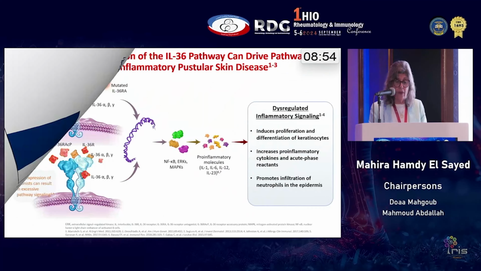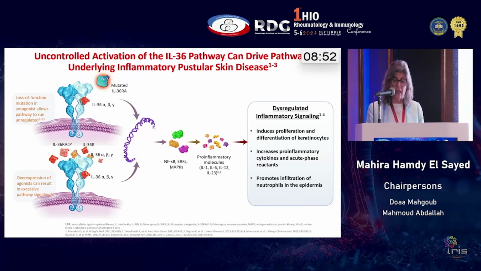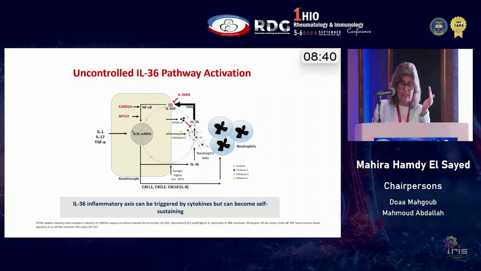So we need to understand that there is dysregulation of inflammatory signaling caused by uncontrolled activation of the interleukin-36 pathway. So if we stop the pathway, we can control the disease.